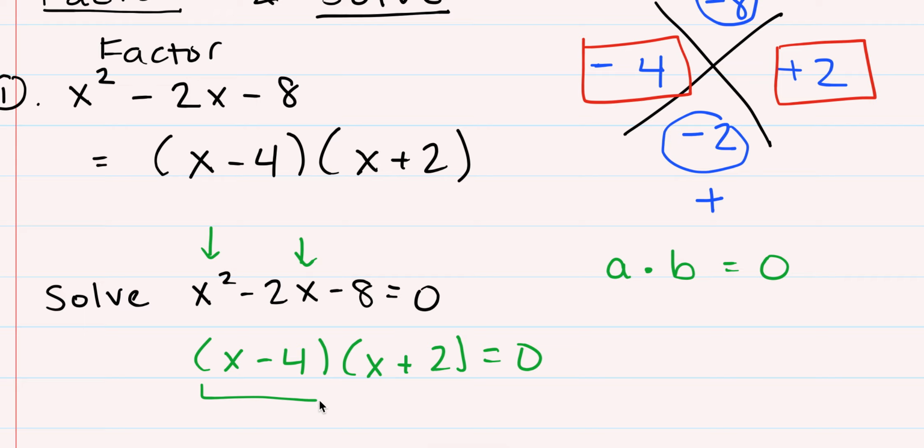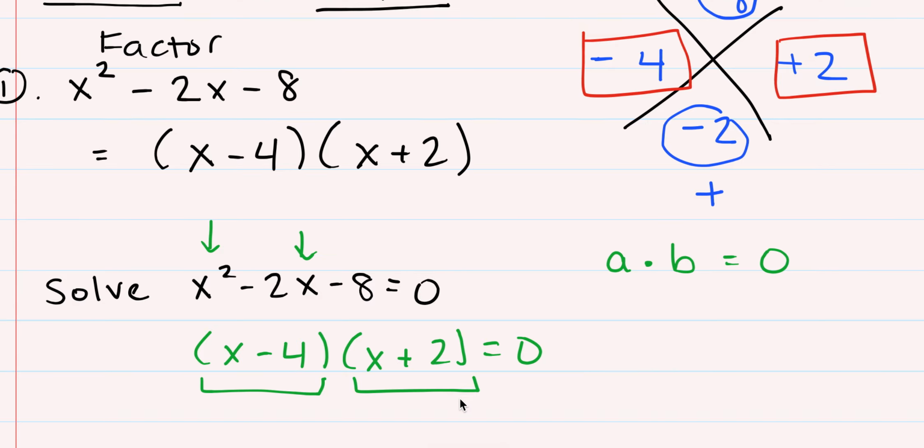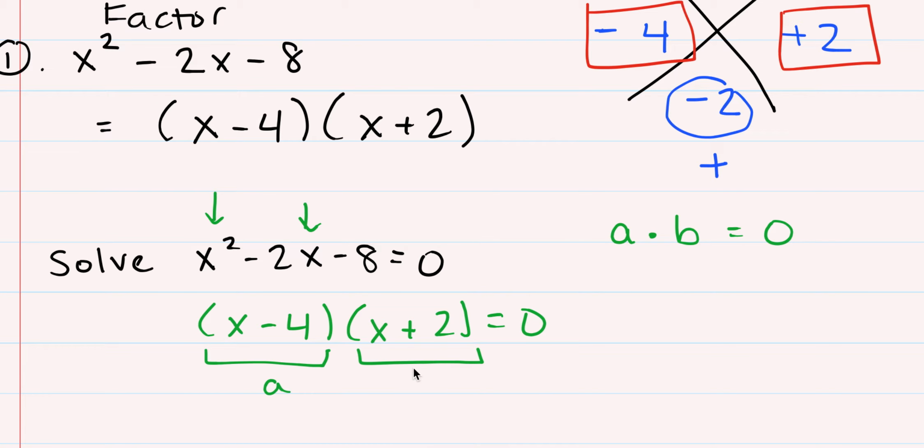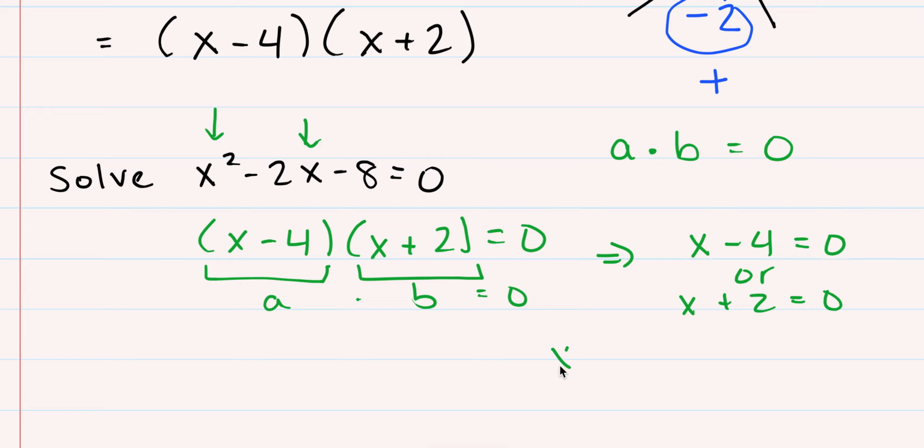So here I have a number times another number. And this is a and this is b. And when I multiply them together, I get 0, which tells me a has to be 0 or b has to be 0. So we solve for x, and we get that x is 4 or x is -2. I just added 4 to both sides, and I subtracted 2 from both sides.